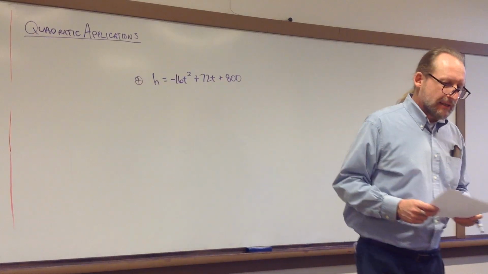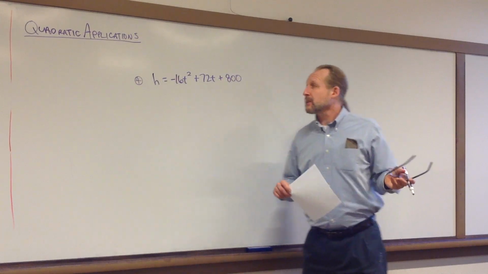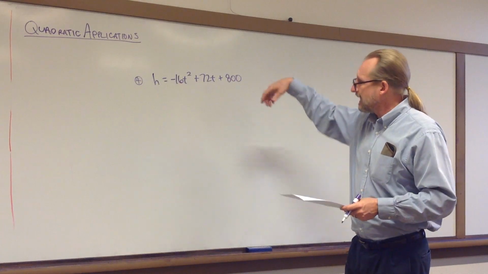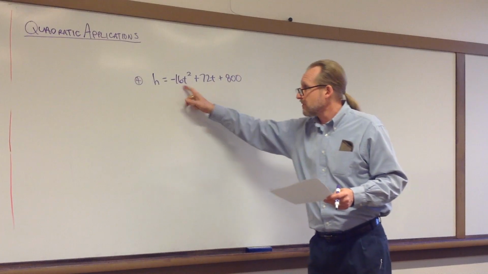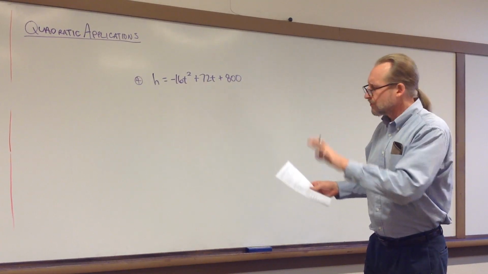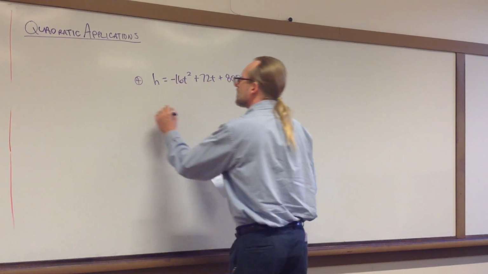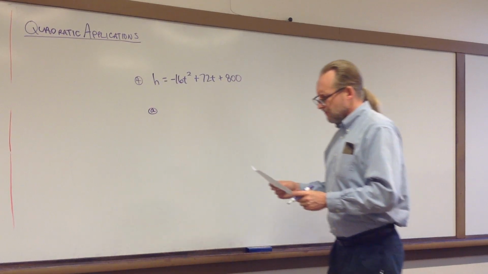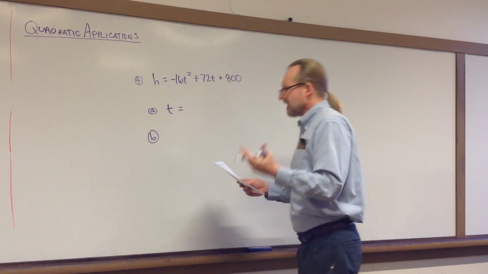We study these ideas a little more in a physics class or a calculus class, where we dig into how these equations get built up and what these numbers actually represent. But for our class, we'll just work on finding the vertex and maximum height. After how many seconds does the stone reach its maximum height? And b, what is that maximum height?